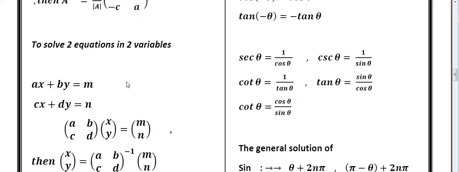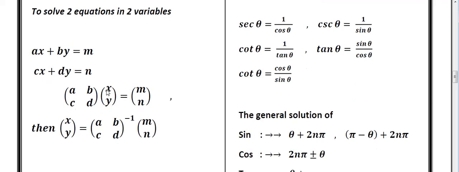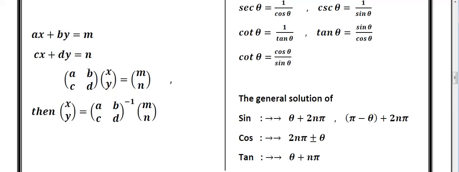To solve the equations ax plus by equals m and cx plus dy equals n, we write the coefficient matrix of the variables, a, b, c, d, with the first column a and c and the second column b and d, multiplied by the variables x and y, equals the constants m and n.